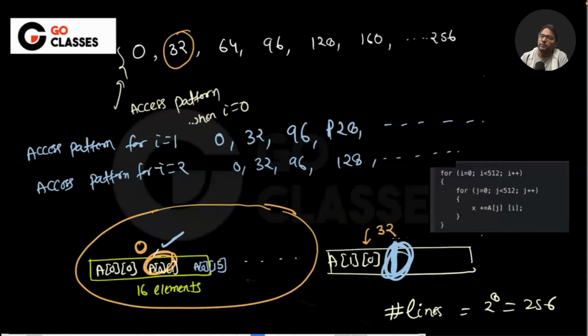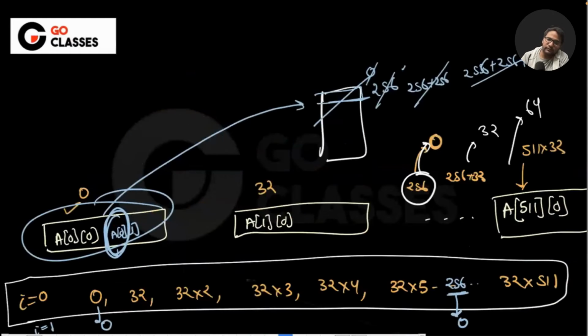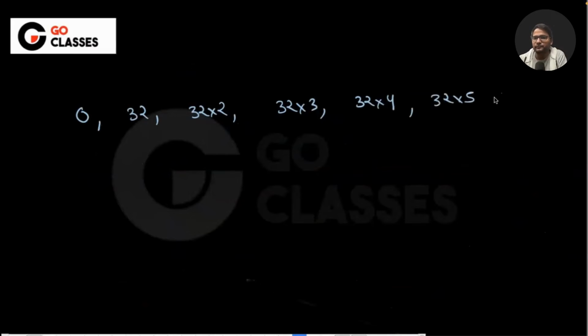This is block 0, then block 32, and then let's suppose the array is smaller. Let's suppose my access pattern is this much only. The main memory block numbers I access are block 32, then 32 into 2, then 32 into 3, 32 into 4, 32 into 5, 32 into 6, 32 into 7, and 32 into 8.